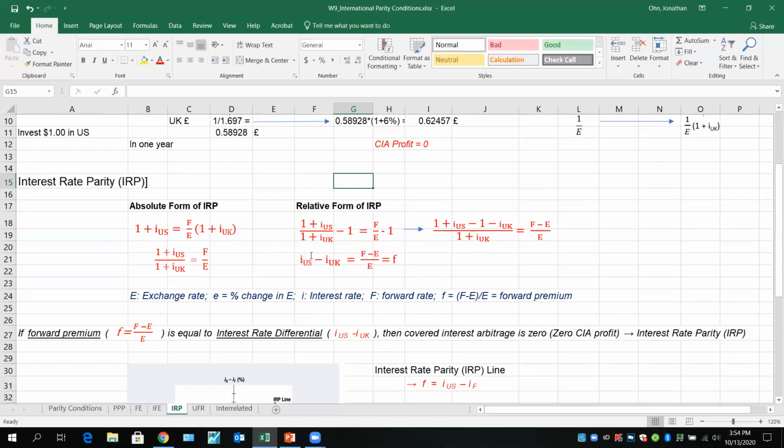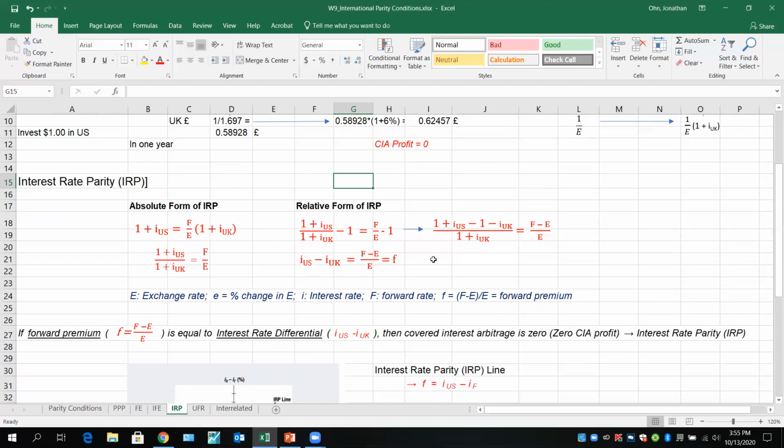So the relative interest rate, or the interest rate differential, is approximately equal to this one, F minus E, the forward minus spot divided by spot. That is called the forward premium or discount. Okay, so the relative interest rate is equal to the forward premium or discount.